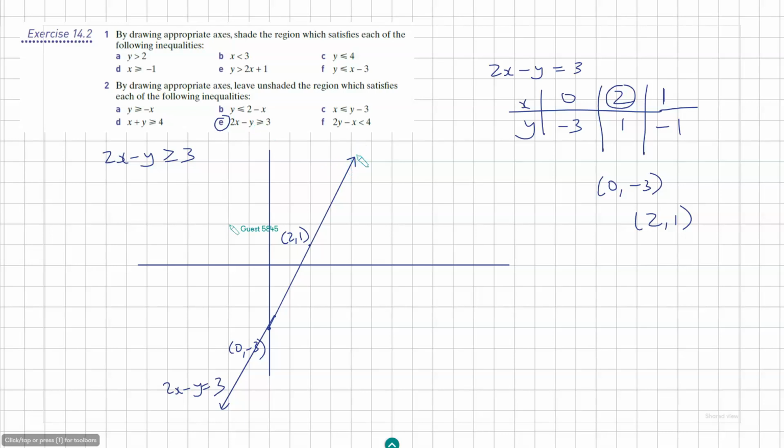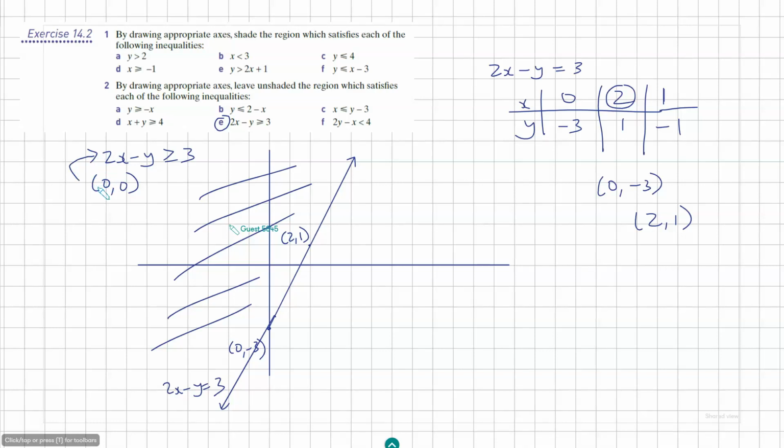How do you know? Can you tell me some point which is in this region? 0, 0. So does 0, 0 satisfy this inequality?